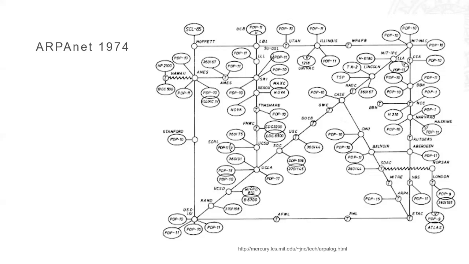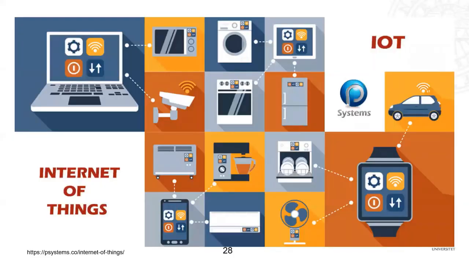But this network was too small compared to today's internet, which is connecting billions of devices to each other. It's not only computers. Nowadays, we have the notion of the Internet of Things, meaning that devices are getting smarter.